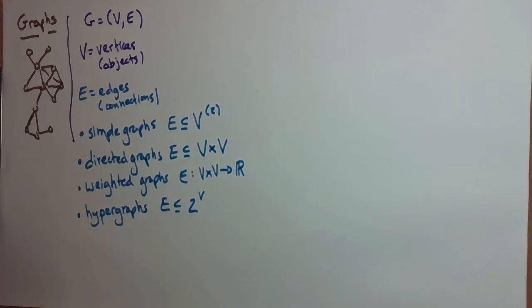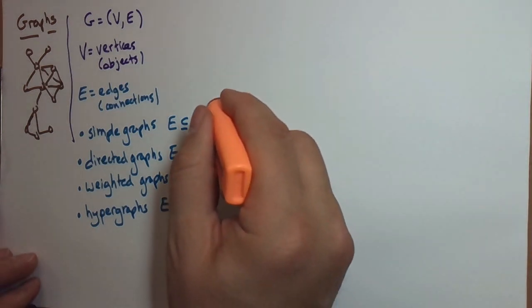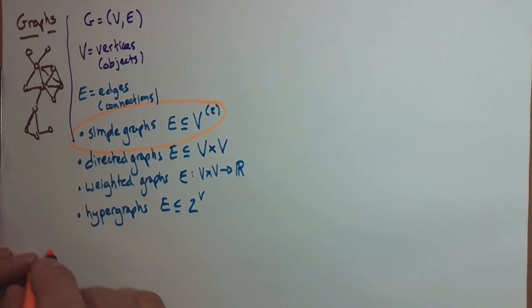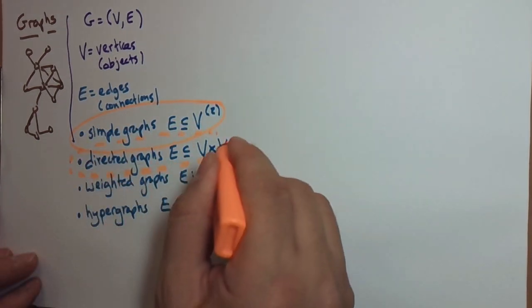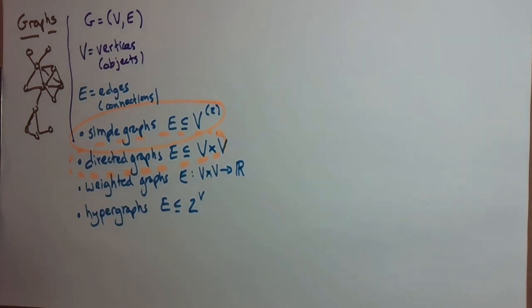Most of our time, I would say, will be spent doing simple graphs. We'll do a little bit of directed graphs. Oftentimes, the way we're going to talk about directed graphs is through random walks.